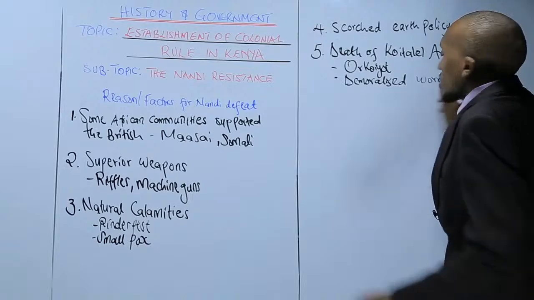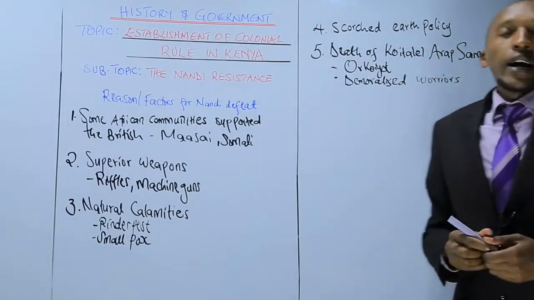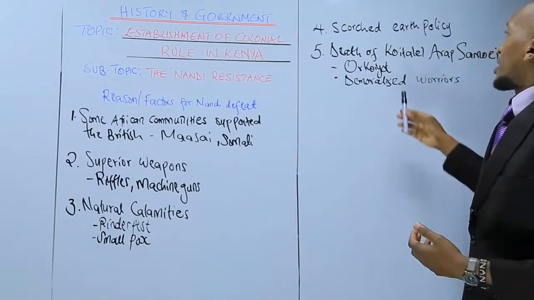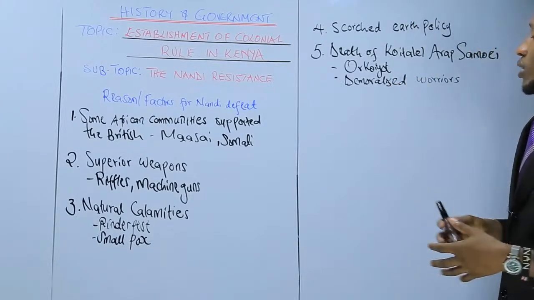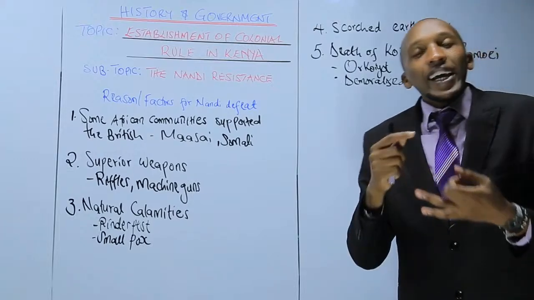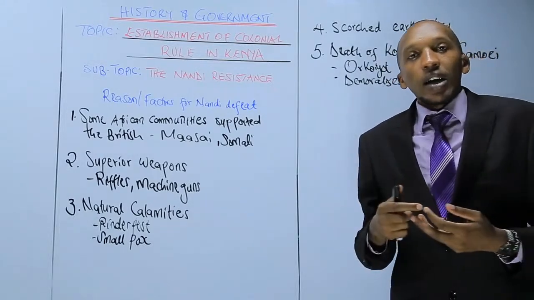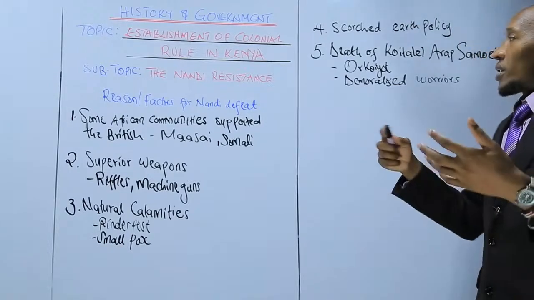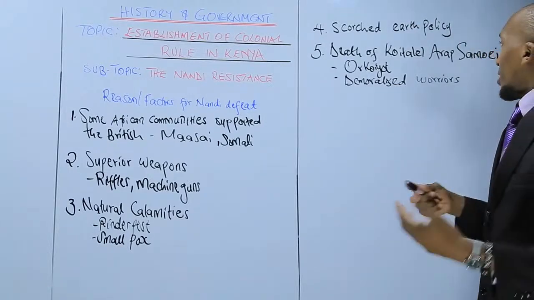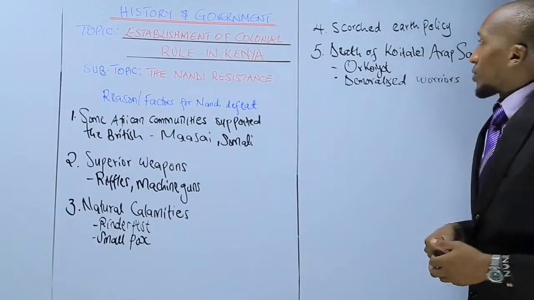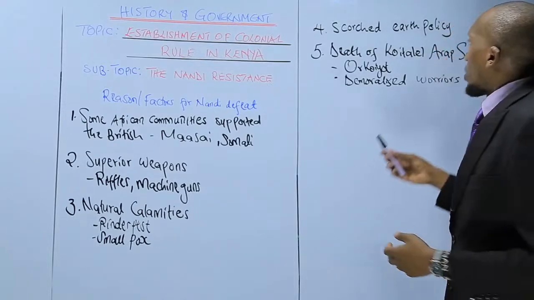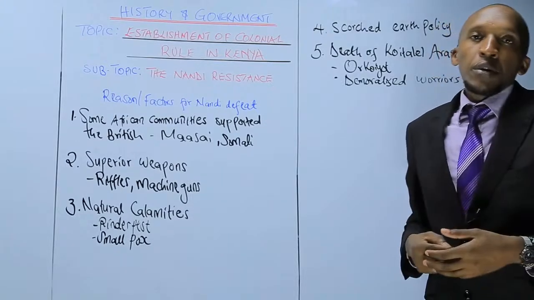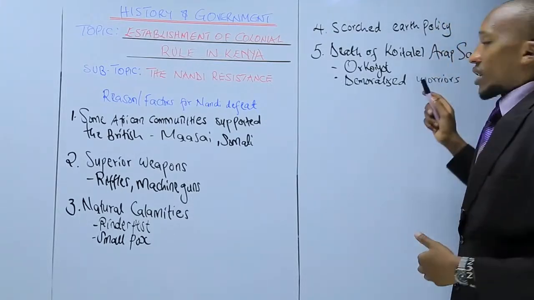So the warriors could not mount an effective attack against the British as they had done under Koitalel, because Koitalel was the spiritual leader and he also led the community in its wars against the enemies. So this weakened them, or it made them lack direction. The leaders who took over control after the death of Koitalel Arap Samoei could also not match the organizational skills of Koitalel Arap Samoei.